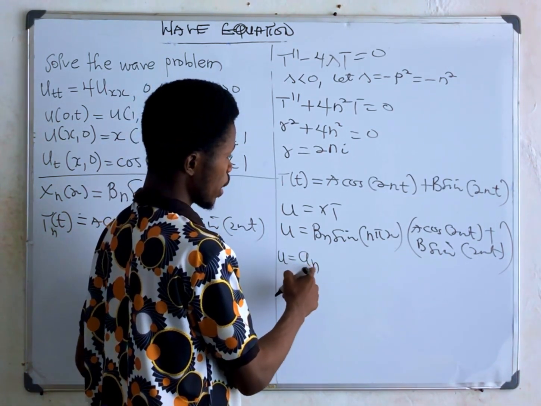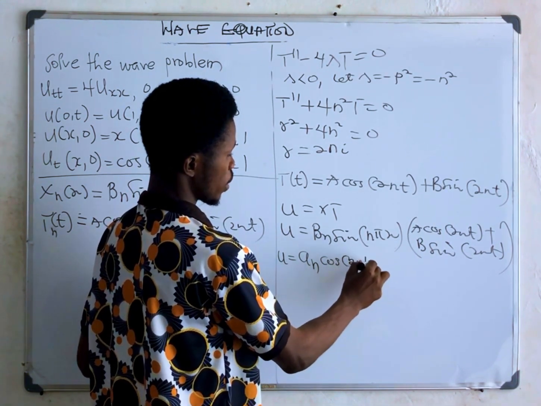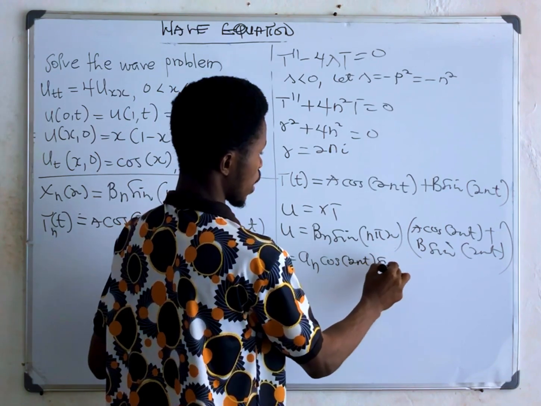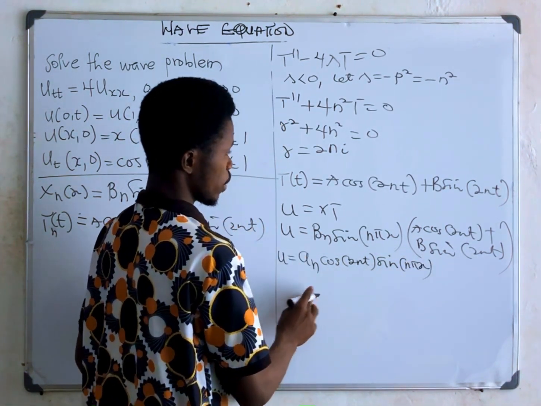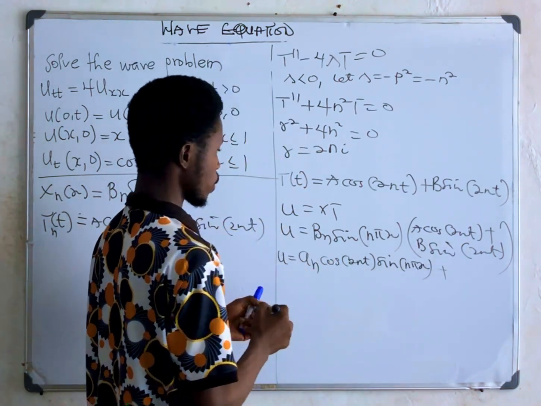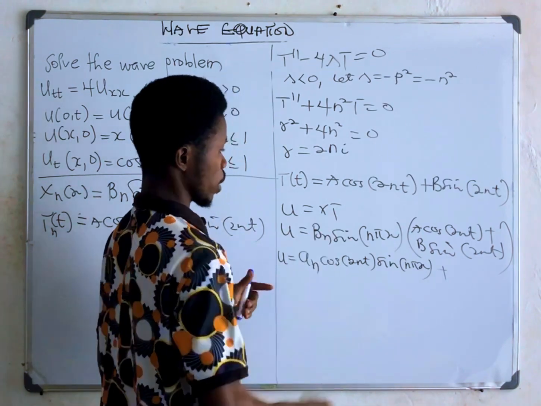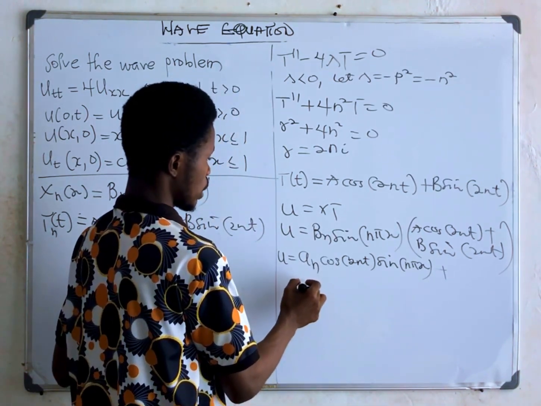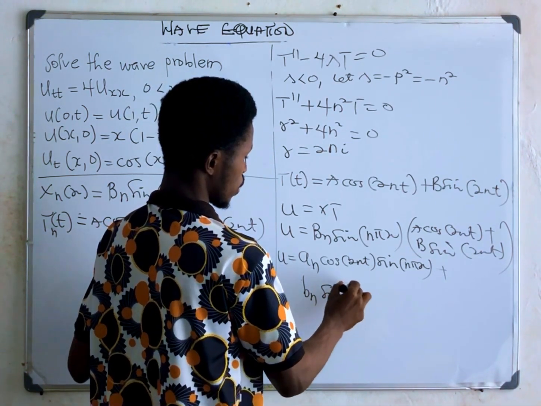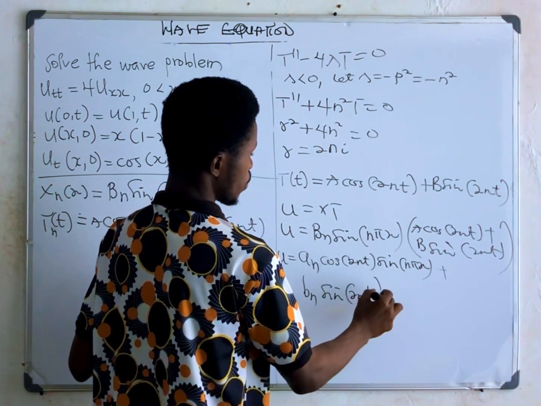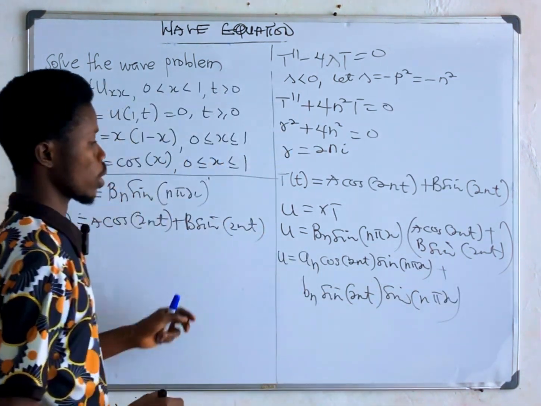So here we're going to have An multiplied by cos 2nt sine n pi x, then plus Bn multiplied by B. That will also be a constant. So let me replace that one by Bn. Then I have sine 2nt multiplied by sine n pi x. So this is what I have.